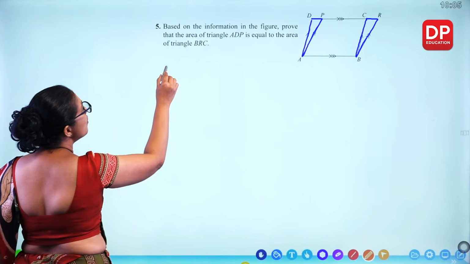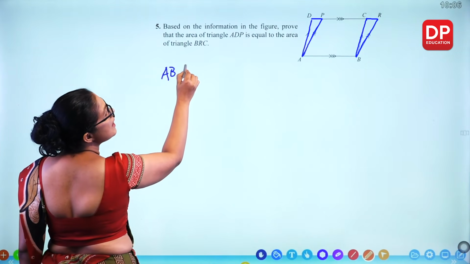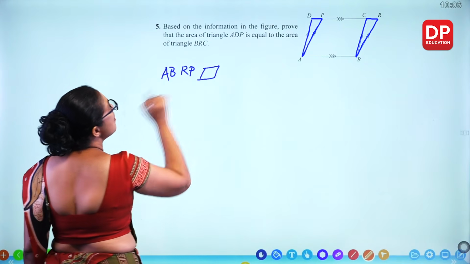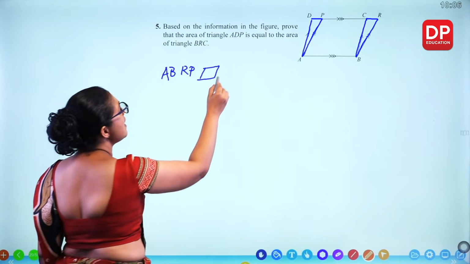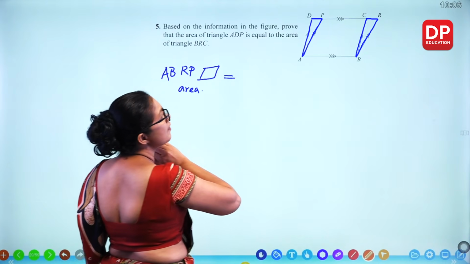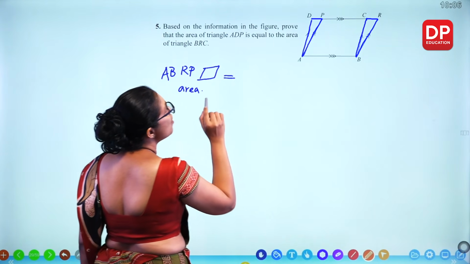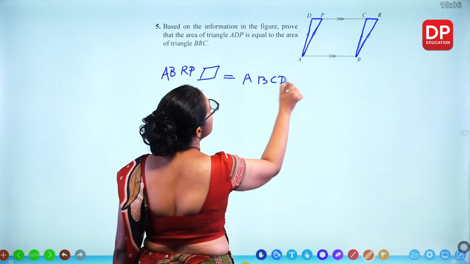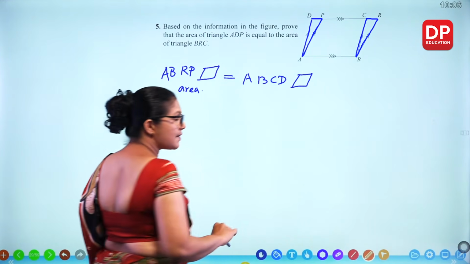We know the area of this parallelogram ABRP is equal to the area of parallelogram ABCD. What's the reason?